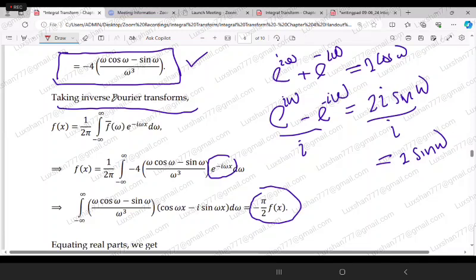Now I am replacing f bar omega by what we found in the previous step, that is, the Fourier transform of the given function f(x).